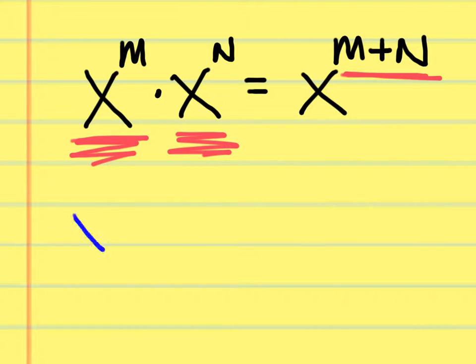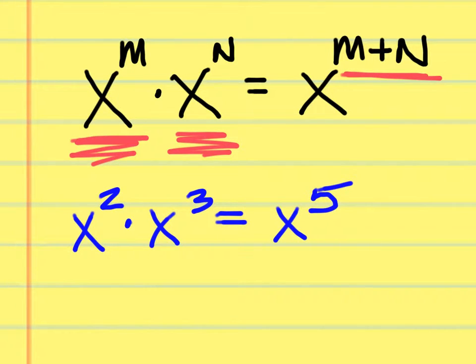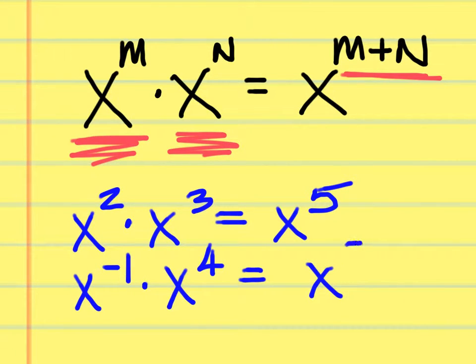So for example, x to the second times x to the third is x to the fifth. If I had x to the negative 1 times x to the fourth, that's x to the third. You add exponents when you're multiplying items that are like.